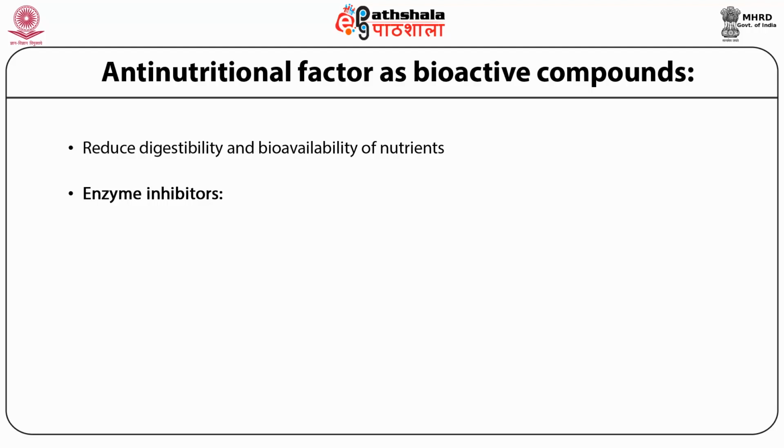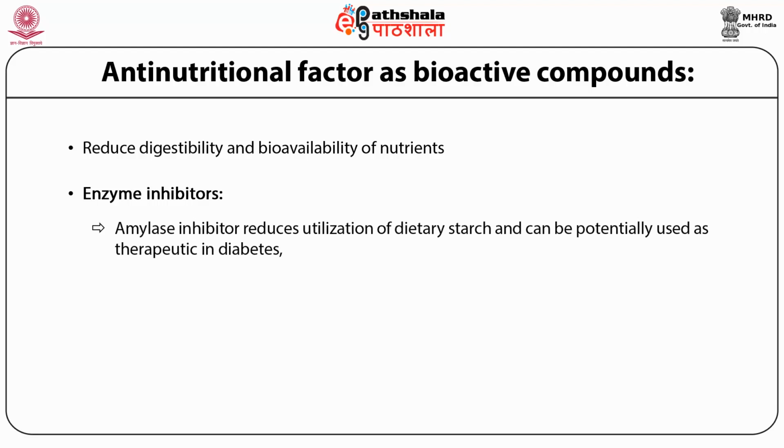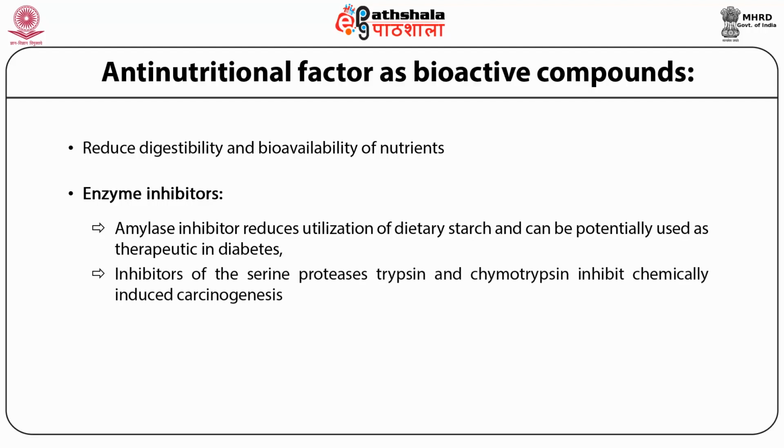These enzyme inhibitors were earlier considered anti-nutritional factors but are now recognized as bioactive compounds, because amylase inhibitor reduces utilization of dietary starch and can potentially be used as a therapeutic in diabetes, and inhibitors of the serine proteases, trypsin and chymotrypsin, are important as they inhibit chemically induced carcinogenesis.